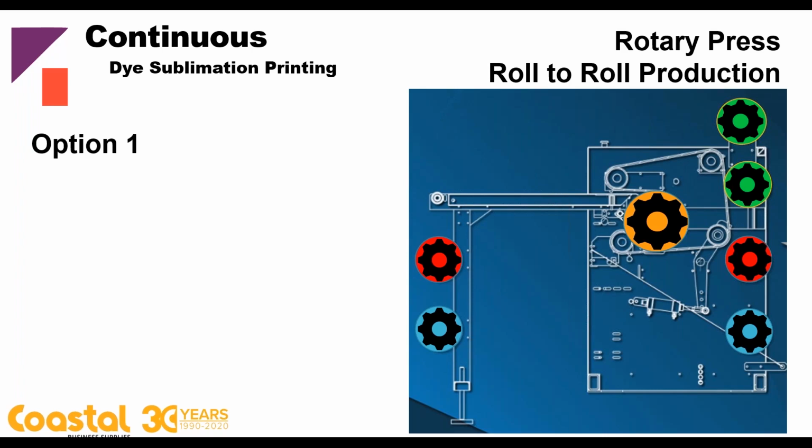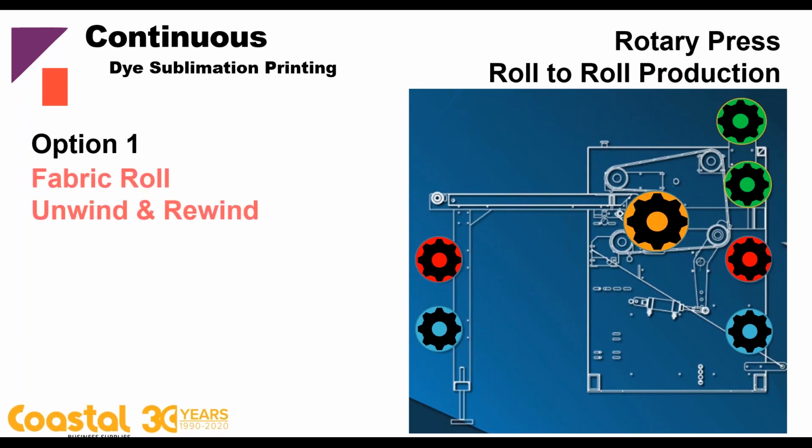So let's say you go to a fabric store and you buy some polyester material and it has a repeat pattern over and over again. Like maybe it's a chevron pattern or a camouflage pattern, whatever. And it's on a polyester material. So this is how you would do what we call roll to roll production.